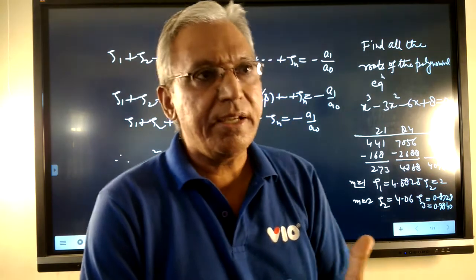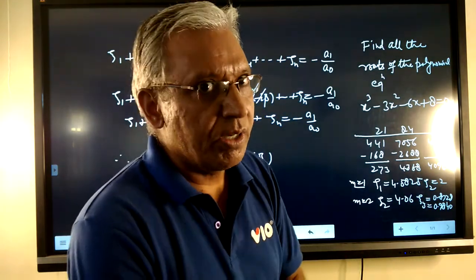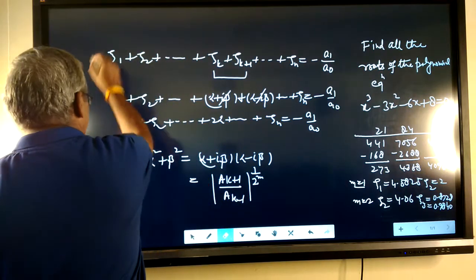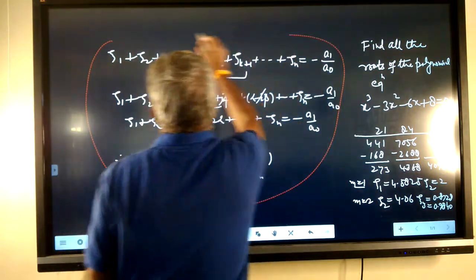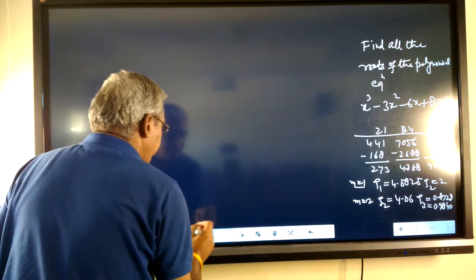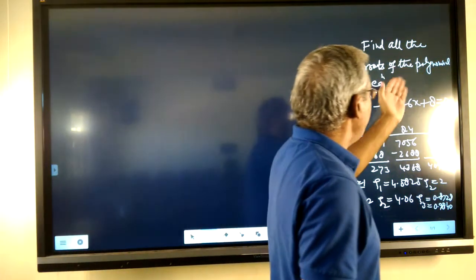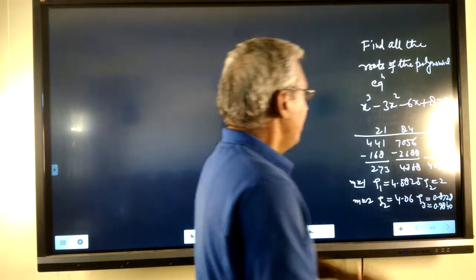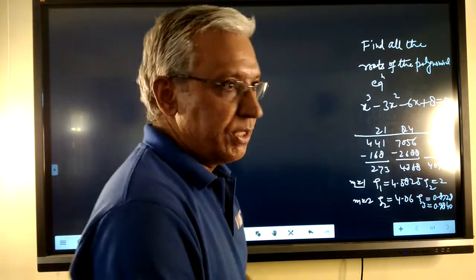Now we take a simple problem based on Graeffe's root squaring method. Find all the roots of the equation x cube minus 3x square minus 6x plus 8 equal to 0 using Graeffe's root squaring method.